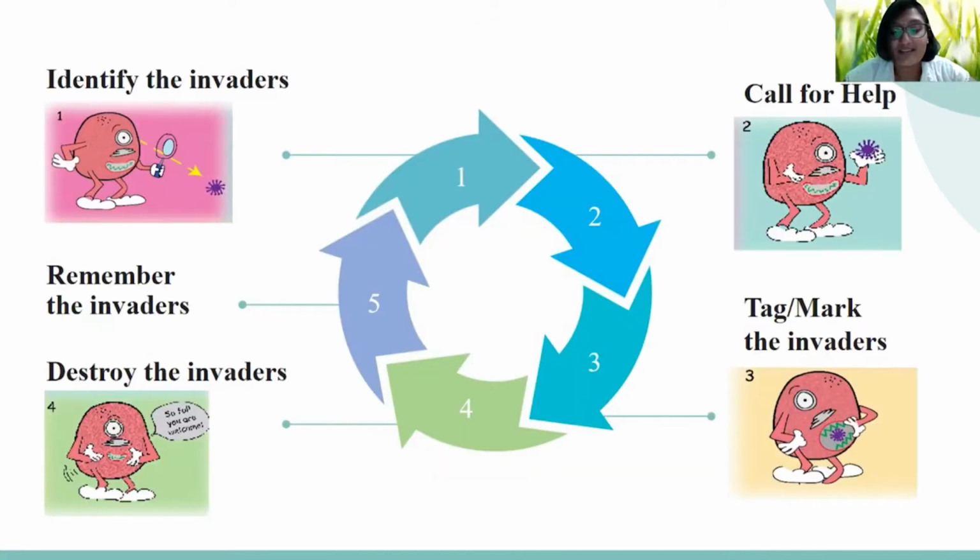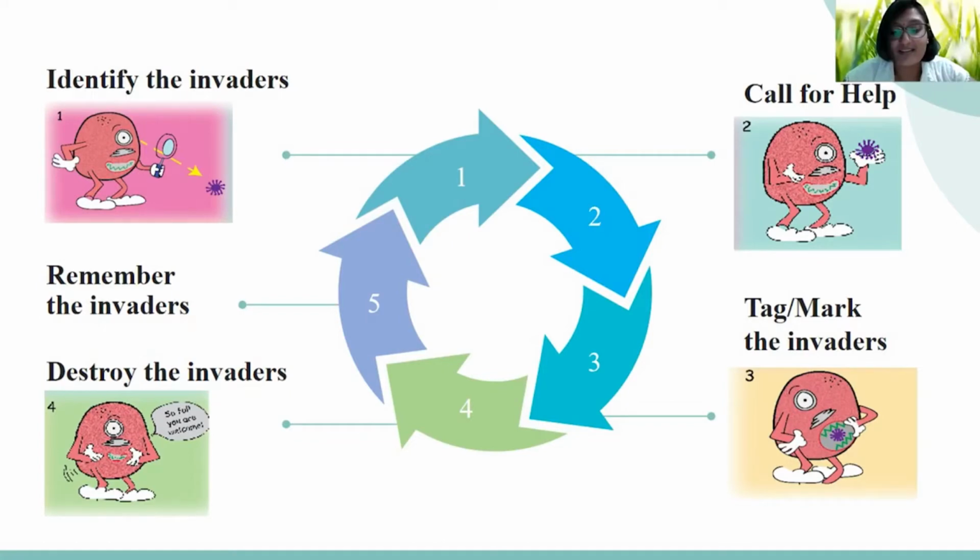How does immune work in our body actually? As you see in the first picture here, it identifies the invaders. As a bacteria or virus enters our cells, the immune cells will identify the bacteria. Secondly, it calls for help, which is backup from other immune cells.